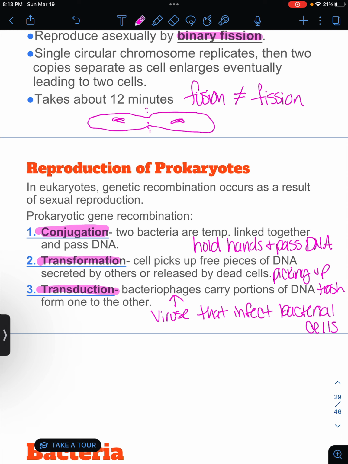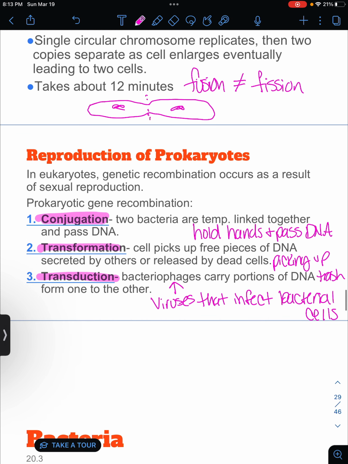Those viruses are carrying pieces of that DNA from one to another. So those are ways that they get different genetically, okay? Genetic recombination, that's how they do it. That's why eventually they're not all the same. The bacteria evolves over time, and these are the ways they do it. These three ways, okay? 1, 2, 3.